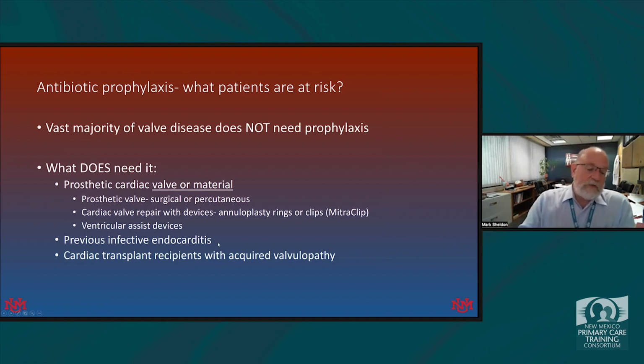If they've had previous infective endocarditis, and that's even if they haven't had a valve replacement or repair with a device. And then anybody with cardiac transplant with acquired valvulopathy should get antibiotic prophylaxis. But I think this is a little bit of a surprise to some people that, you know, even if you have severe aortic stenosis, but you're asymptomatic, there's not a good indication for you to be on antibiotic prophylaxis for a dental procedure or whatever.